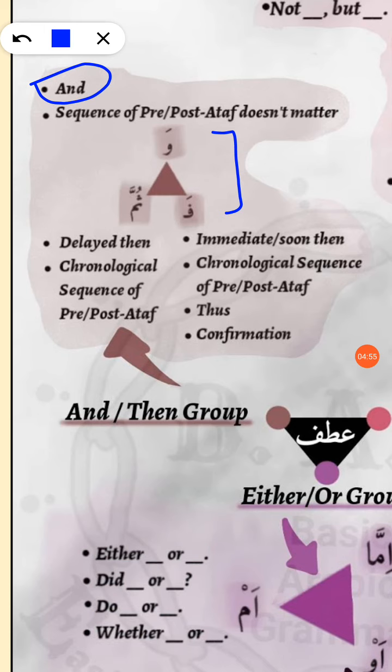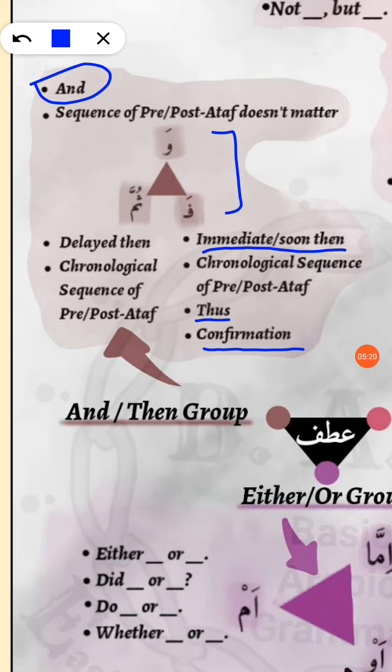For example, it is used for confirmation, for being translated as thus or therefore, as a result of which. So these are various usages. And then it is used for then, or immediately then, or soon after then.